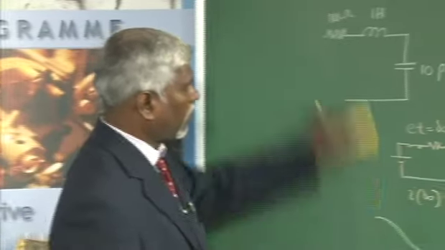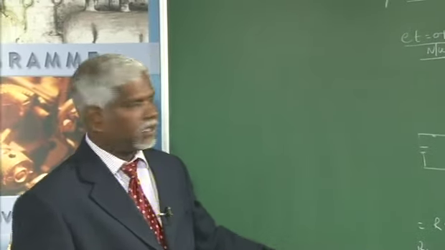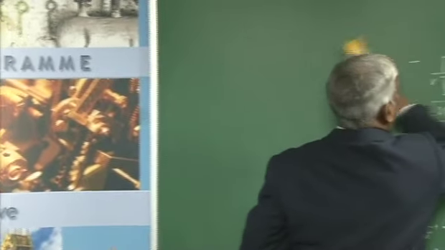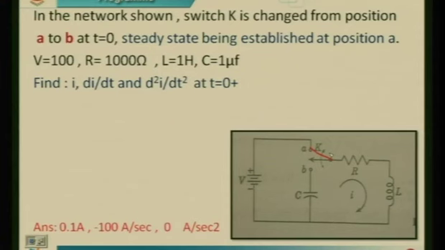Because this is the first type of problem we are taking with two states A and B, the switch can be either put to A or put to B. So, at position A we need to analyze this step by step. At position A the circuit has already reached a steady state, as given in the problem.